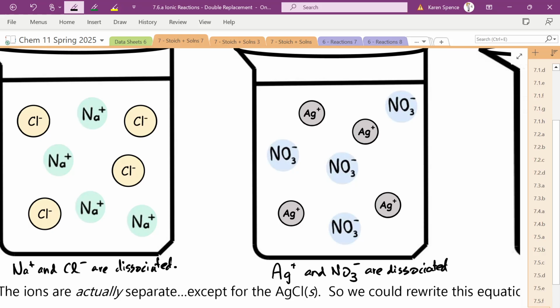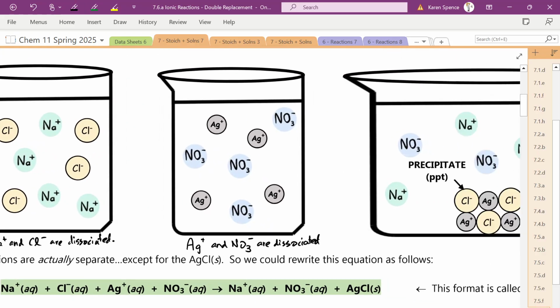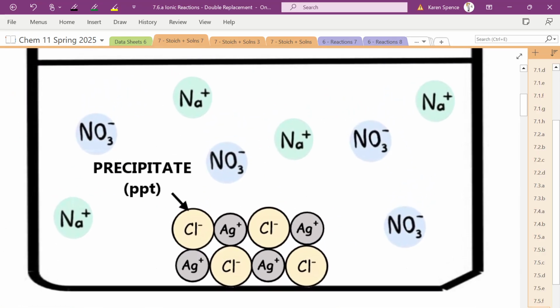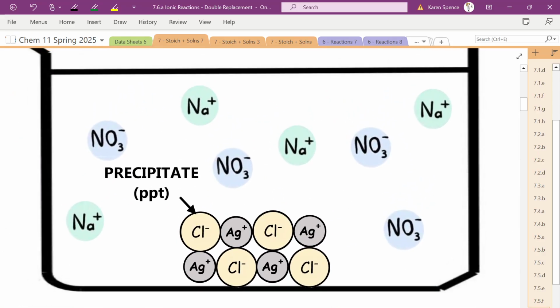So they are separate. When we put them together, if you recall, the silver and the chloride, you can use your solubility chart to predict that there will be a precipitate and that the sodium and nitrate ions will remain unprecipitated. Yes?